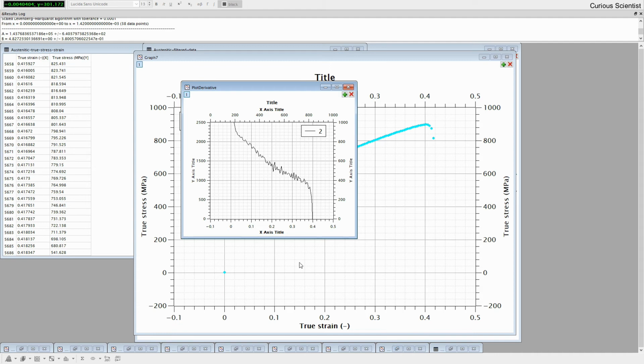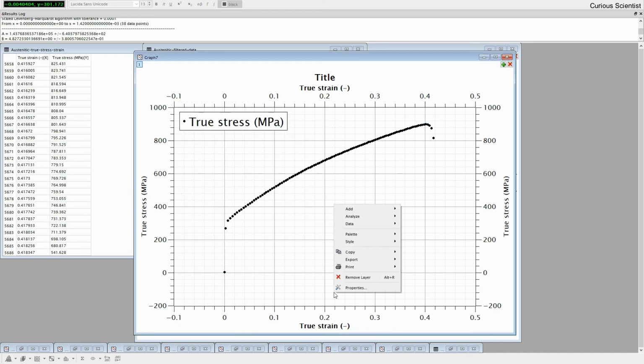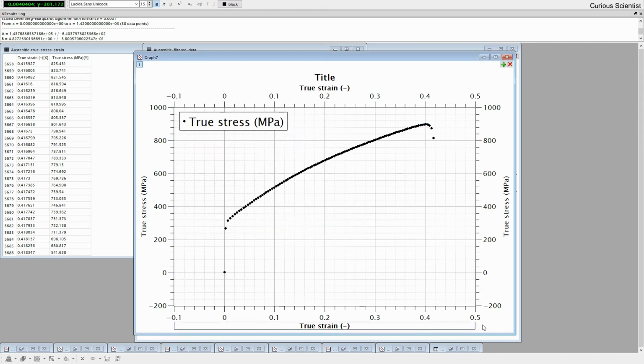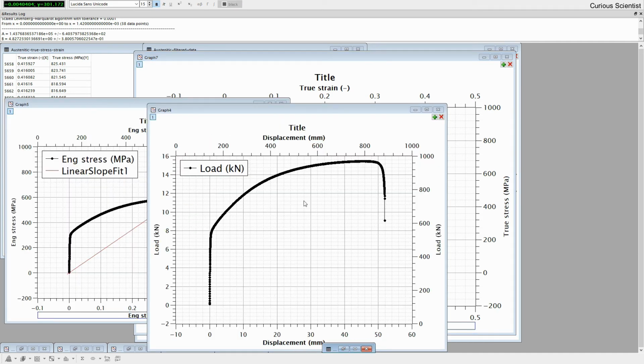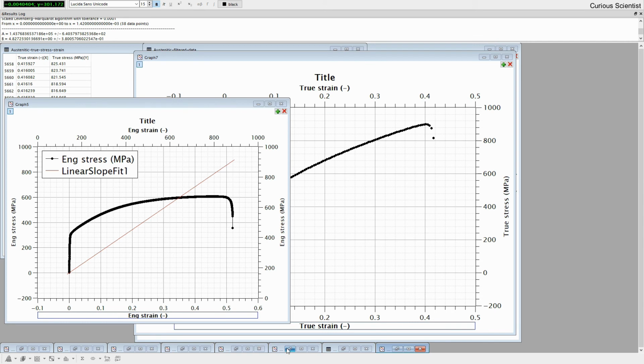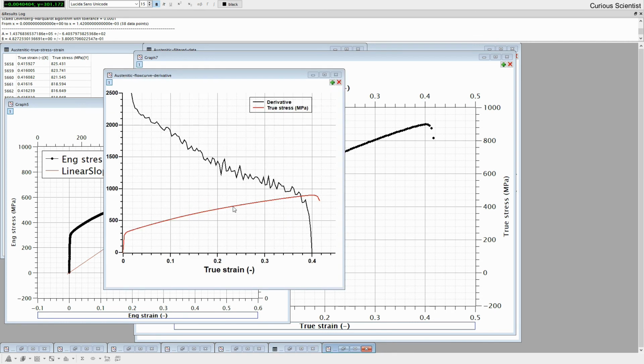So if you remember that we said that d sigma divided by d epsilon minus sigma equals 0. So basically I already made the curve, so I will show you if I can find it here. So I had my tensile curve and then I plotted the derivative on the tensile curve.